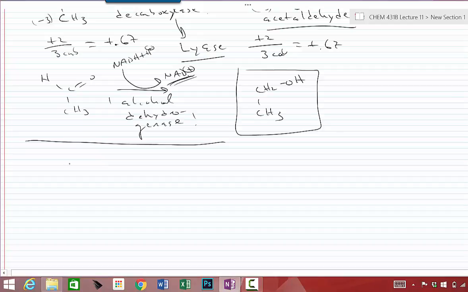And I had told you that if we were to write down the structure of glucose here, that's the structure of glucose, you can actually draw a line halfway through the glucose. Try and make that a dotted line, okay? So that you have two halves of the glucose, and eventually these will become two molecules of pyruvate.